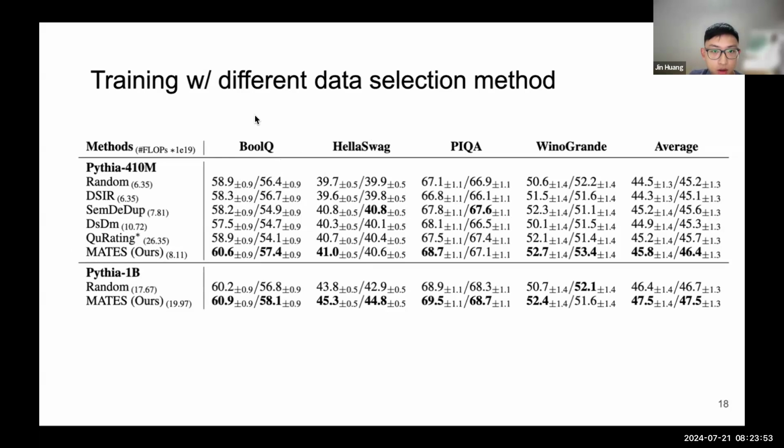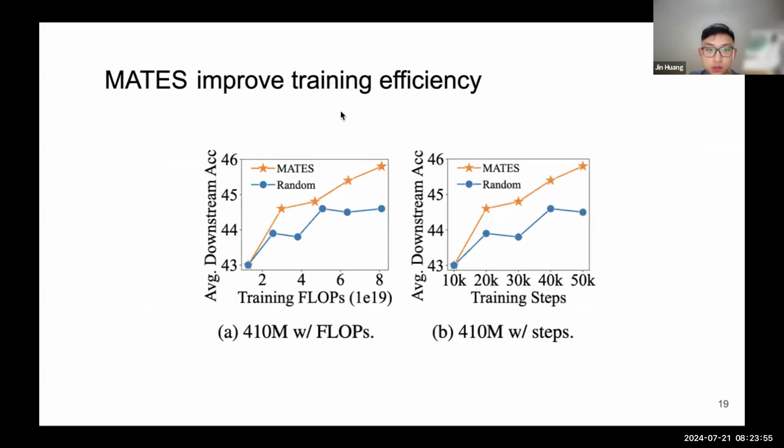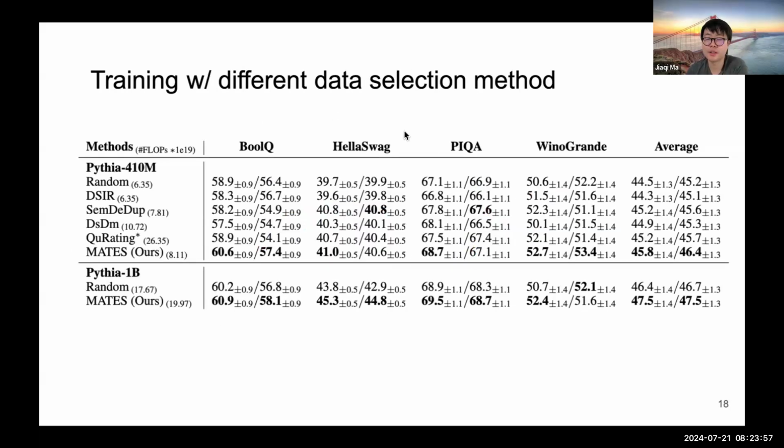For these experiments, one question I have is, when they are doing the selection, are they using data from this task as reference, or no, it's a held out dataset? It's one held out dataset. Okay, but are the data coming from this task?